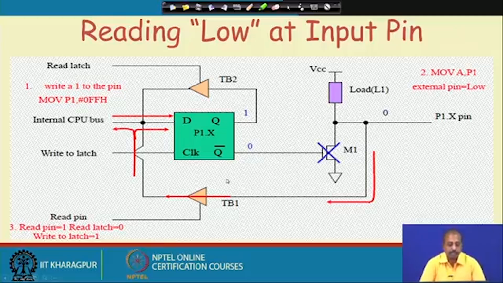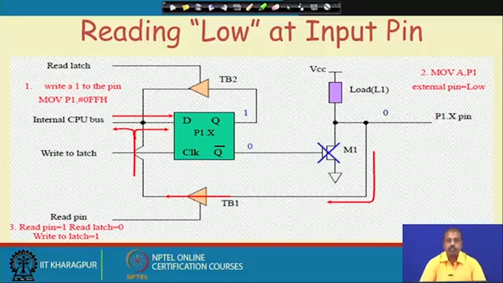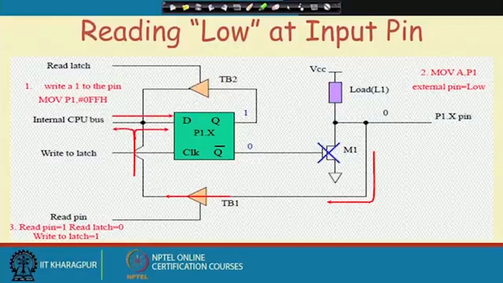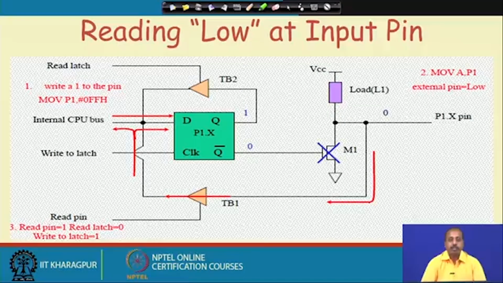Reading low, of course, there is no problem, because even if this gets discharged, there is no issue, since you are anyway giving a 0 here. But since we cannot predict what the next value is that we are going to get from the outside pin, irrespective of whether you are reading a low or a high at the next point of time, it is advisable that before any read port operation, you do a write port with the value 0FFH if you want to do it for the entire port.